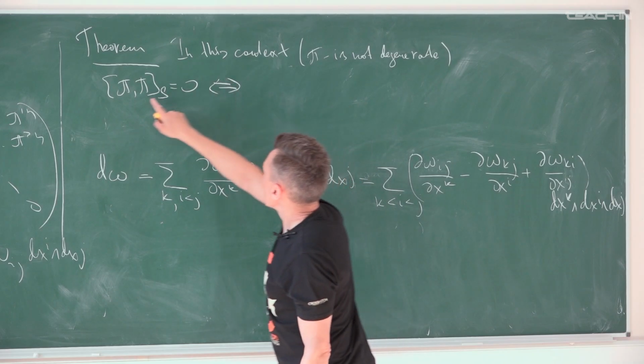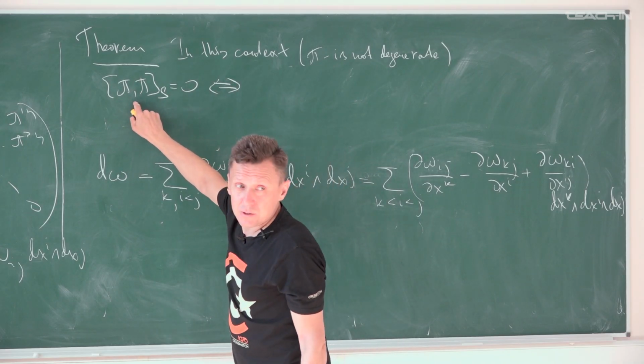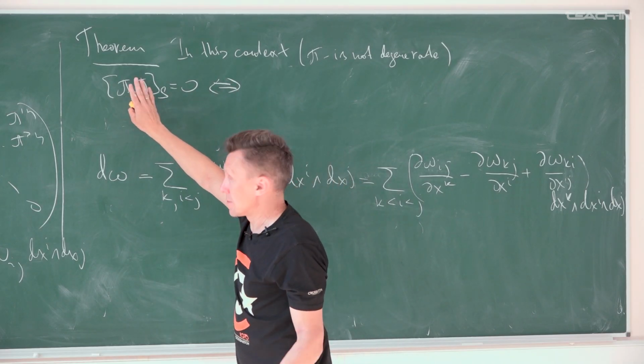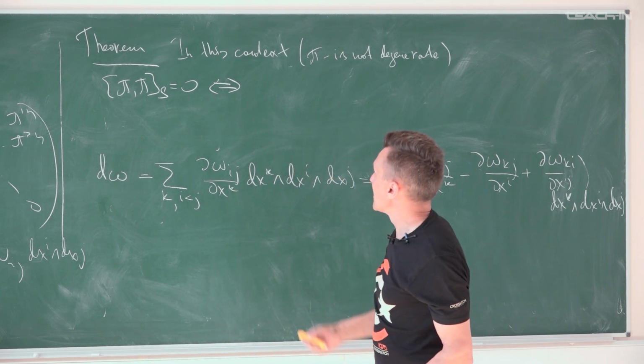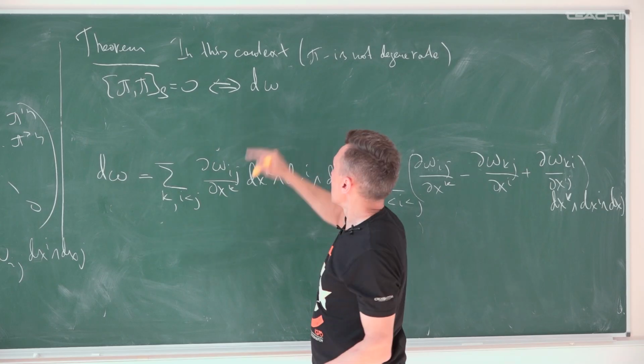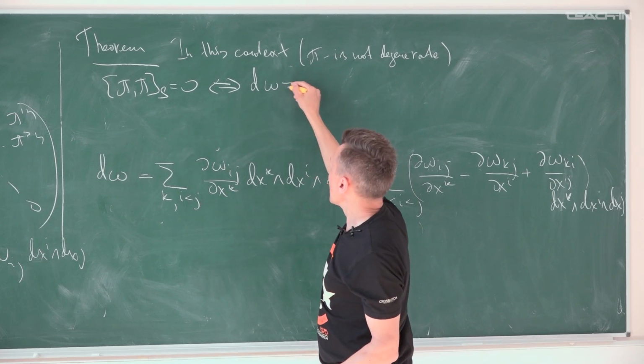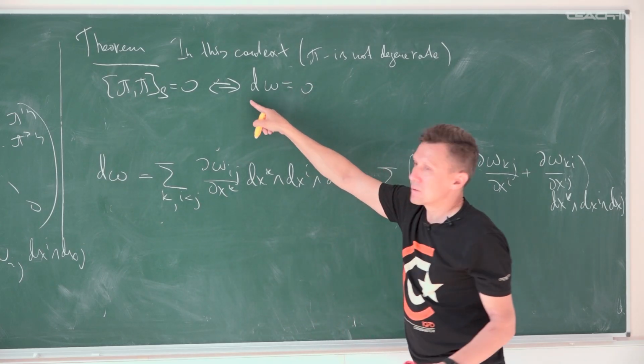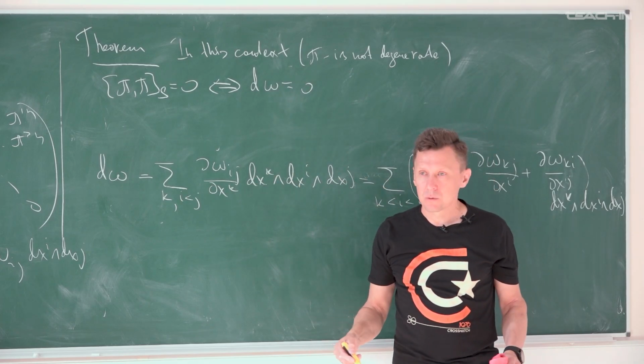So in this context, this Jacobi identity, which I have written in a good algebraic form, is equivalent to the fact that the two form is closed. It means that the differential of this form is 0.